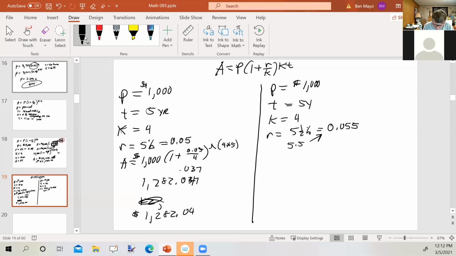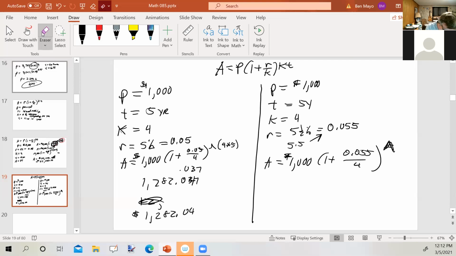Now let's do the second one. A is $1,000 times 1 plus 0.055 over 4, to the, I keep wanting to make that into an A instead of just a little caret, 4 times 5 power.